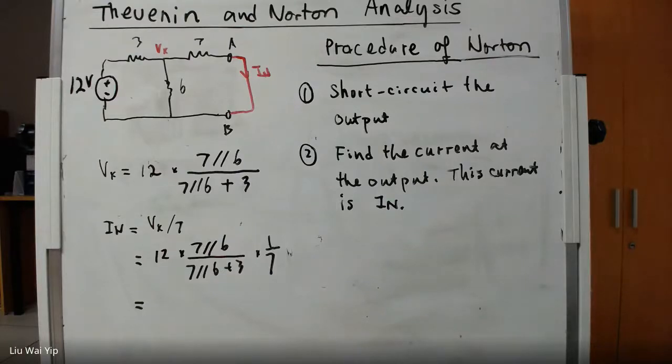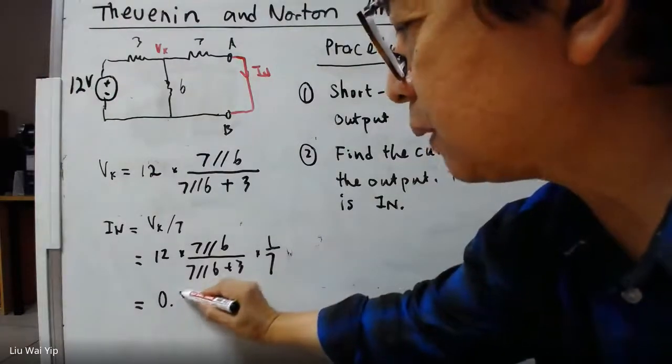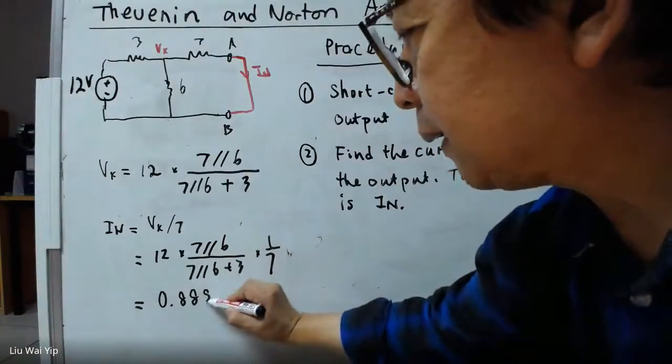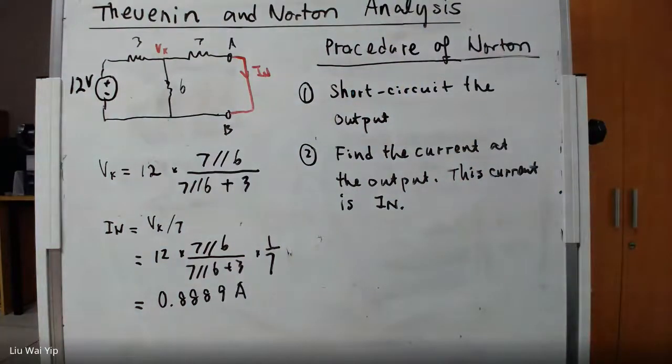So I got the current here, 0.889 ampere. It makes sense.